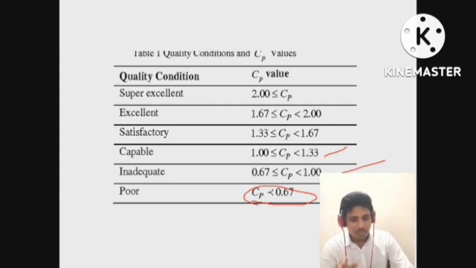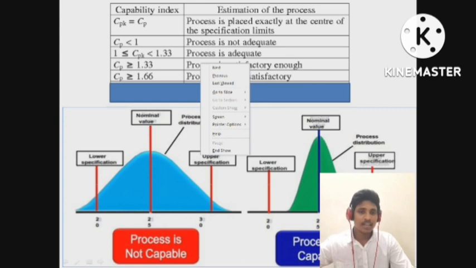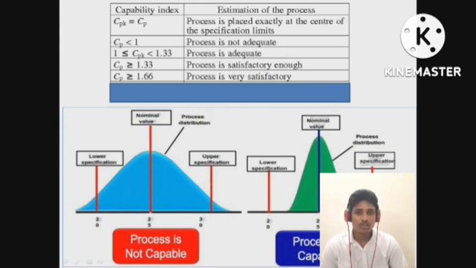If the CP value is between 1 and 1.33, the process is capable but somewhat producing high variation. If the value is between 1.33 and 1.67, the process is capable and satisfactory. If the value is between 1.67 and 2, the process is excellent and capable of producing good outputs in large quantity for a long time. And if the value is above 2, the process is super excellent, high quality is achieved through the process, and the process is fully capable.